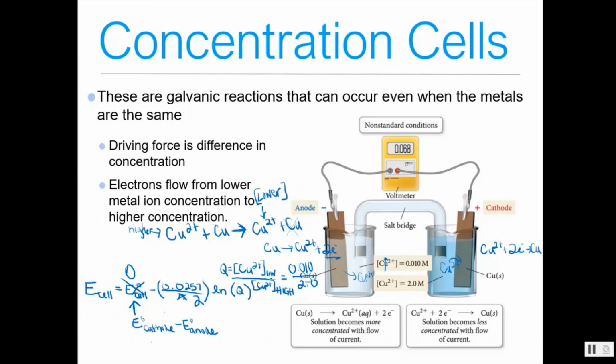If we take the natural log of 0.010 divided by 2, we get negative 5.298. Our standard reduction potential was 0. That negative 5.298 times the 0.0257 divided by 2 gives us negative 0.068. Subtracting that negative value gets us to the measured potential of 0.068.